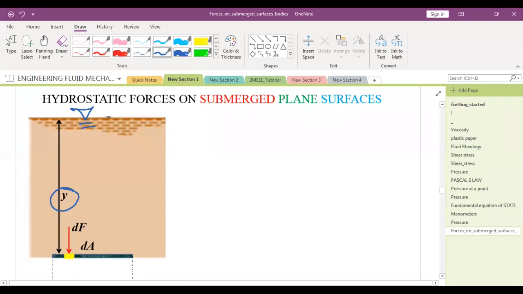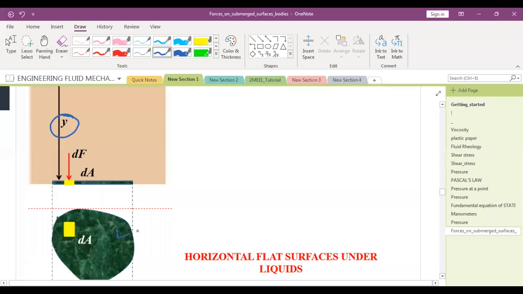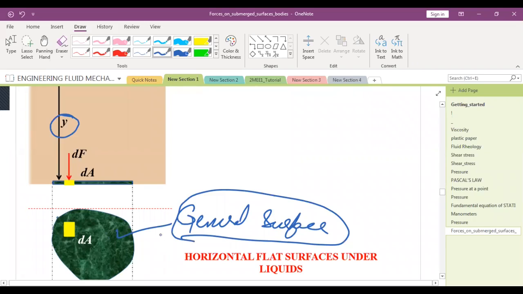If you look at the free surface in top view, the top view looks somewhat like this. We have drawn a general surface so that this analysis is valid for any kind of geometry. Suppose the top view is like this, or like this, or like this.